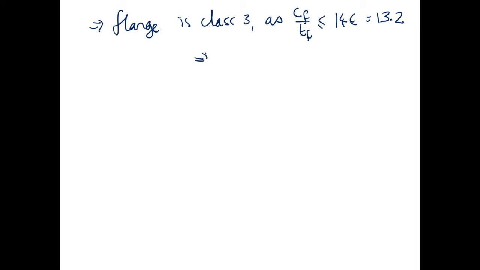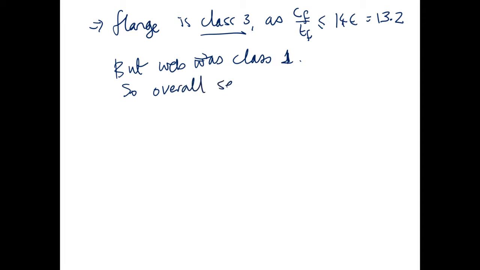So that's class 3. I'll put the web was class 1. So we take the overall section. The section is class 3. Whichever is the lowest one, or the worst case, I suppose, we take as the overall section. Oisin, you want to ask a question?